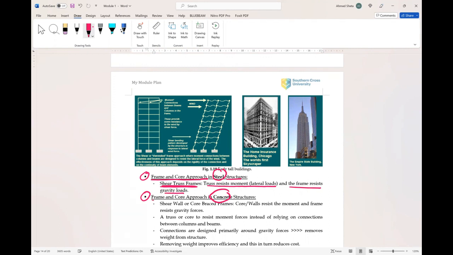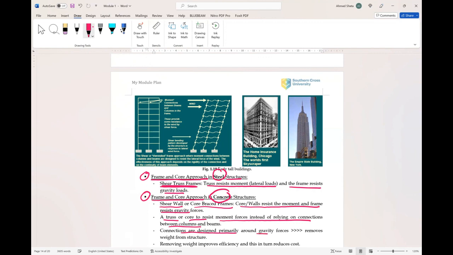But in concrete, the concept of frame and core approach, shear wall or core braced frames, the core and walls resist the moment and the frame resists the gravity force. Truss or core resist the moment instead of relying on connections between columns and beams.